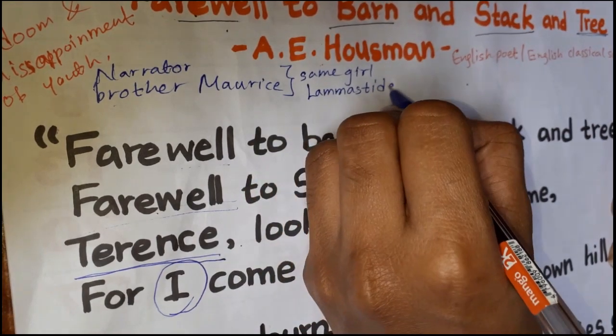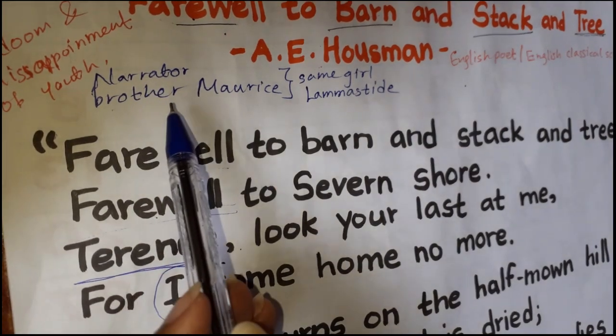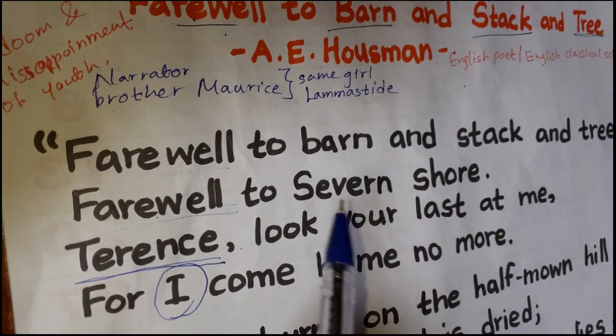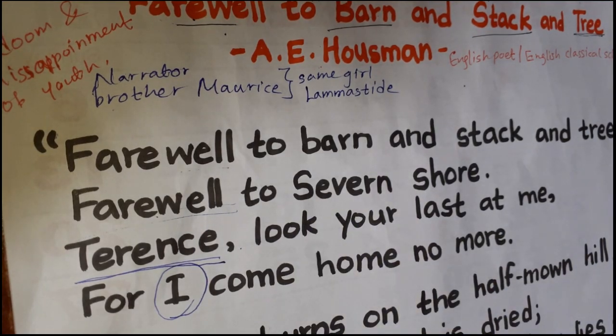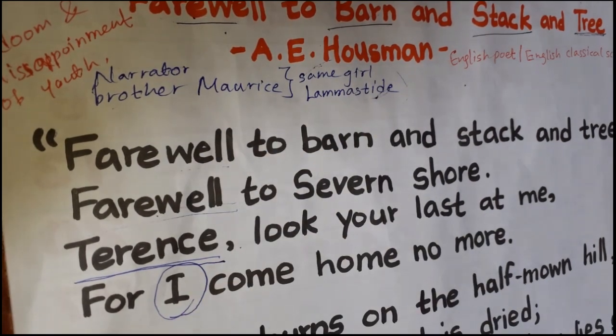This is one of the beliefs woven around this poem. You can see Lamastite is cheating these two brothers.